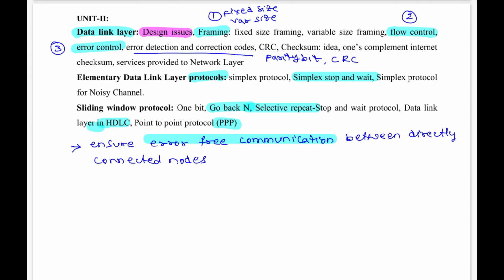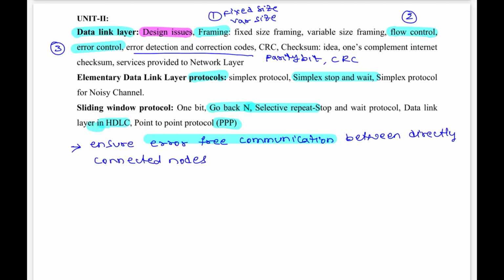So out of all these, the HDLC, high level data link control, is widely used in WANs. Whereas PPP, point to point protocol, connects modems or routers over serial links.